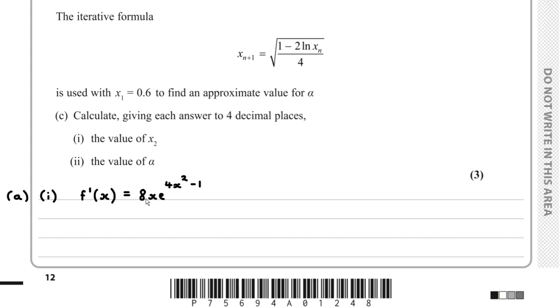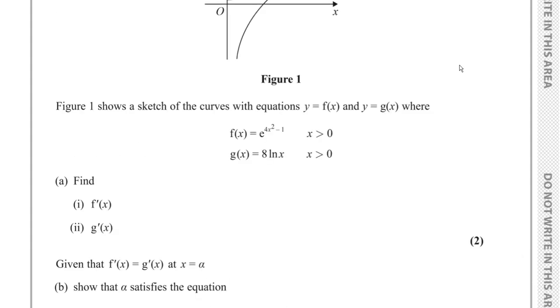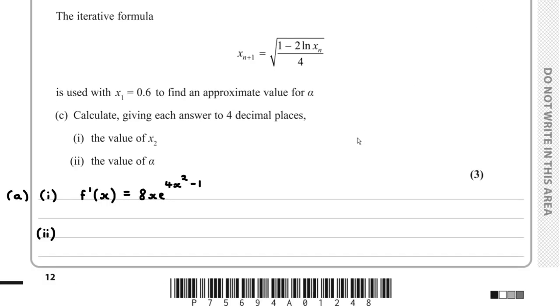So f dash of x is equal to 8x e to the 4x squared subtract 1. And now to differentiate 8 multiplied by the natural log of x, that will quite simply be 8 multiplied by 1 over x, which is 8 over x. So g dash of x is equal to 8 over x.